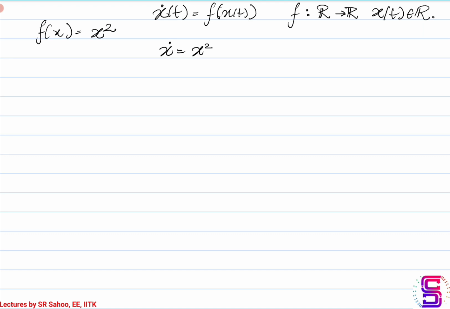The vector field here, because this is a single dimensional system, you need to set up only one axis to represent this single state, and the vector field will be all along that axis.